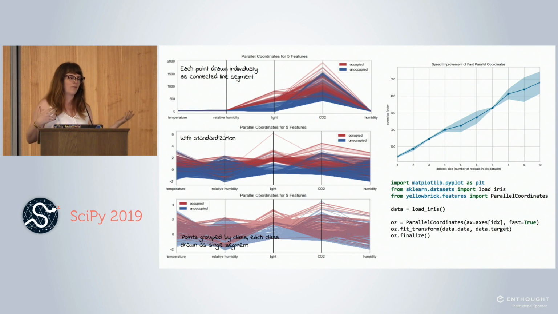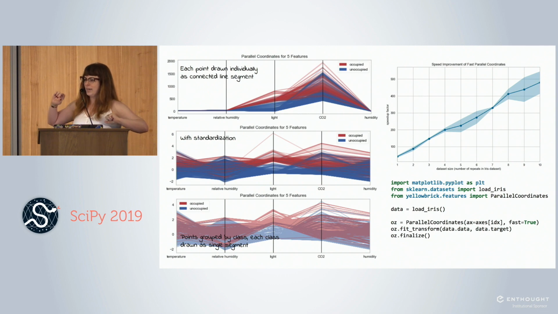And so we found that this plot in particular scaled very poorly as data set size increases in terms of the number of instances. One of our contributors came up with this interesting hack, which is that instead of plotting every point, first we do a classification, and then we plot each class together as if it's a single layer in the figure.